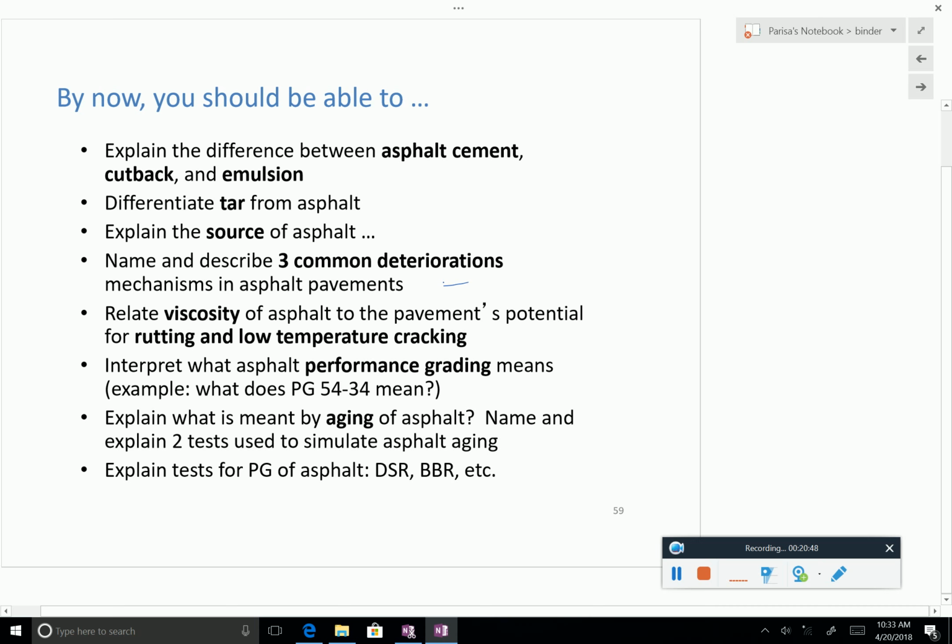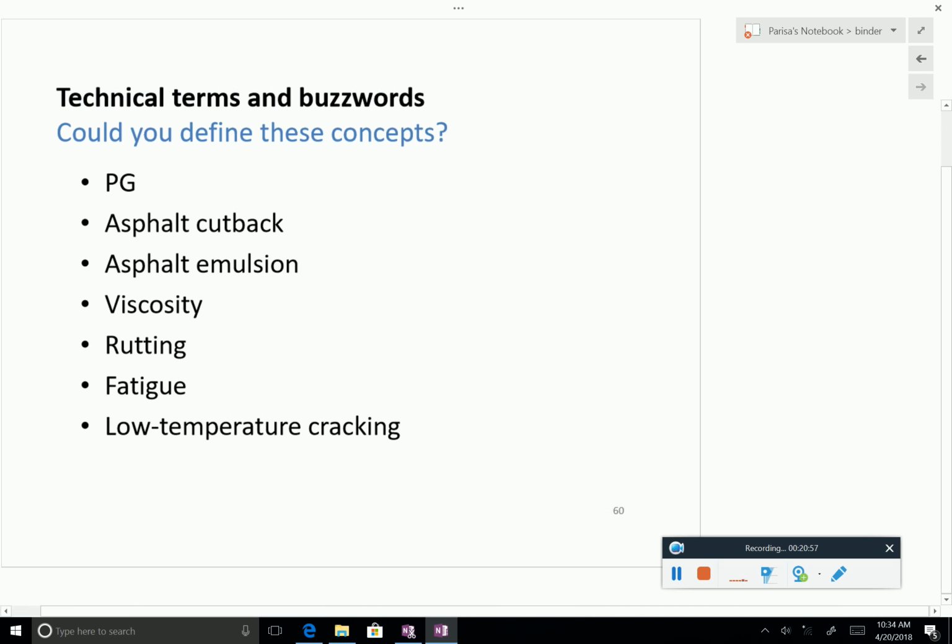This is very important. And of course, you need to know how to do performance grading. Look at the homework problems. I suggest you do that. And here is the list of some of the parameters.